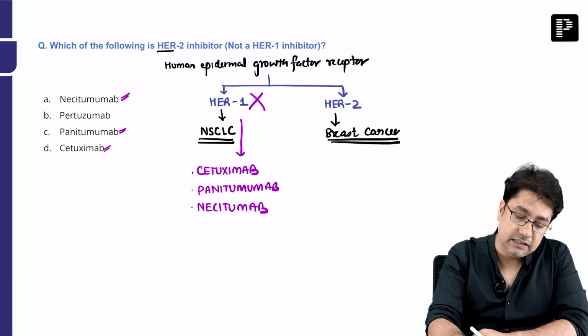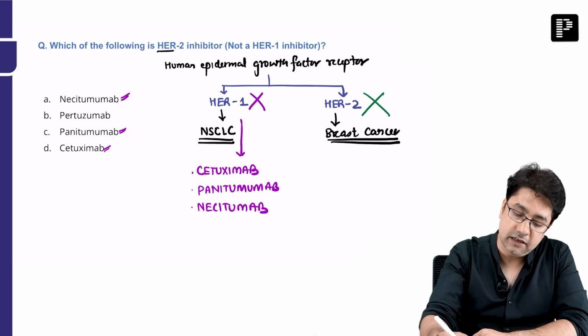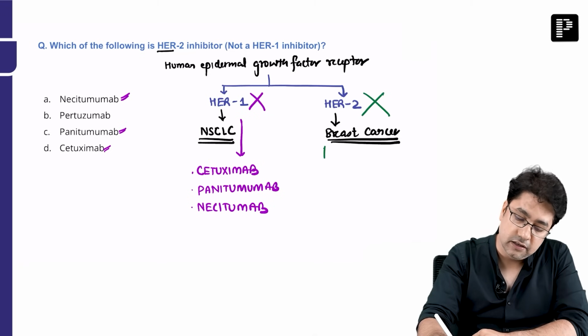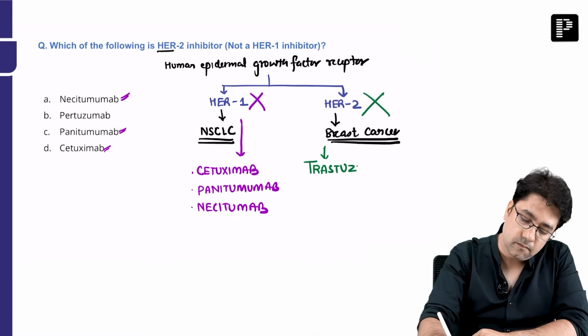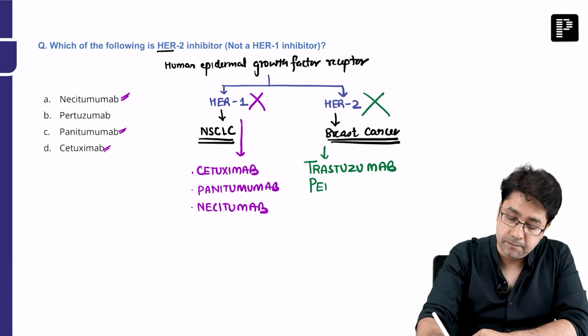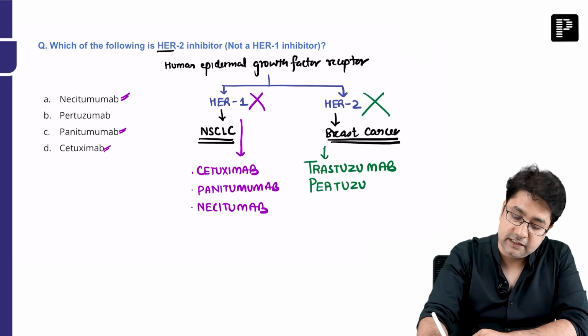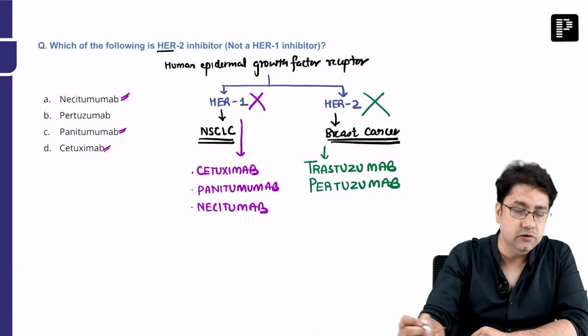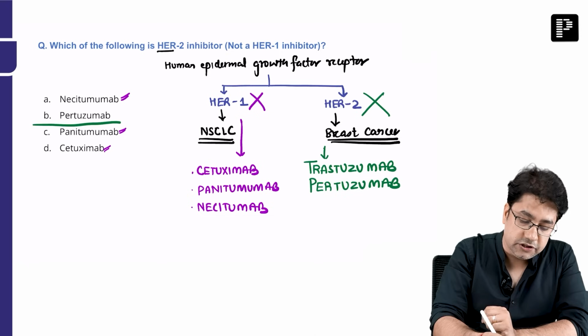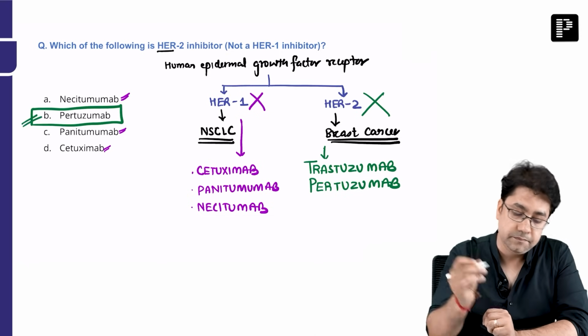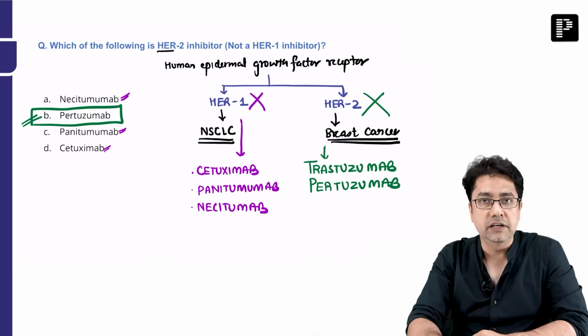And in breast cancer, the HER2 inhibitors are a very famous drug, that is trastuzumab, and a new drug pertuzumab, which we have already discussed in rapid revision and regular lectures also. So the answer for this question is pertuzumab. Okay. So they are given in breast cancer.